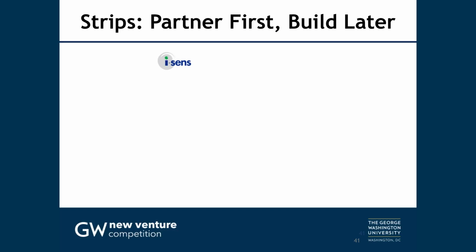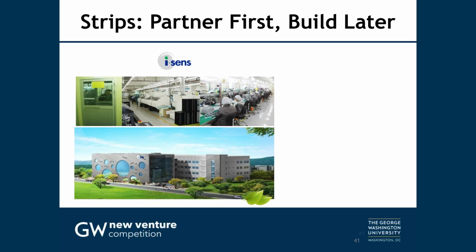And iSense today is a public company in Korea. You can see from this slide, these are their manufacturing facilities. It's a state-of-the-art, top-notch manufacturing facility and company on the Kosdaq stock market. I looked them up last week. Their market value right now is around 500 billion won, which translates to around $500 million.